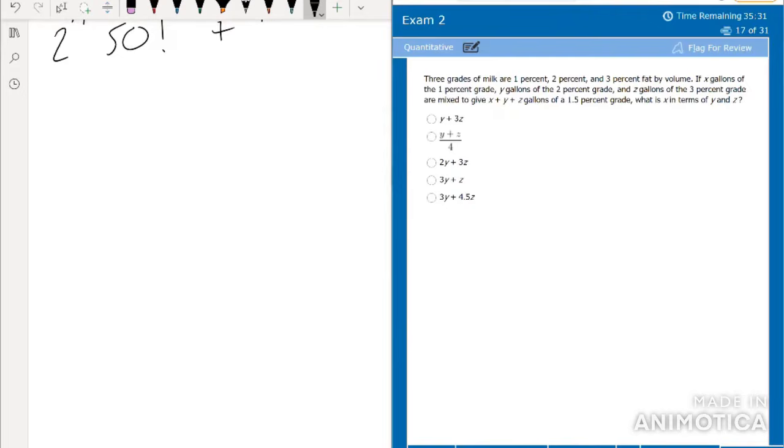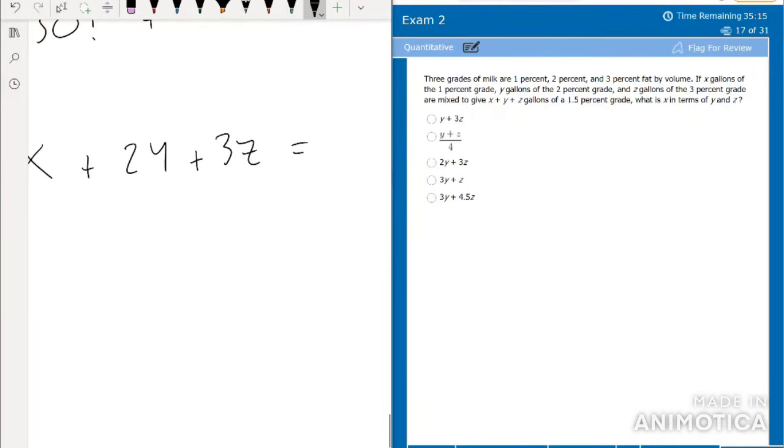Okay, 3 grades of milk are 1%, 2%, and 3%. Okay, so we've got x plus 2y plus 3z equals 1.5 x plus y plus z.